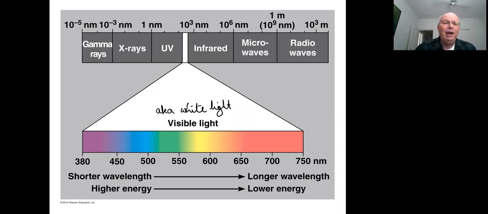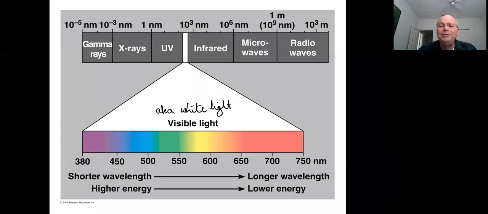But when you look at this diagram and you see this variation in color going from violet at the short wavelength end to red at the long wavelength end, and you see all the colors in between, the colors of the rainbow, what you're actually seeing is the different wavelengths that those colors correlate to. So violet, the short wavelength end, is approximately 380 nanometers in wavelength.